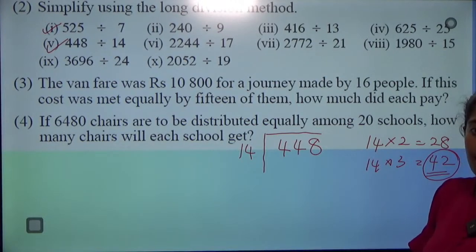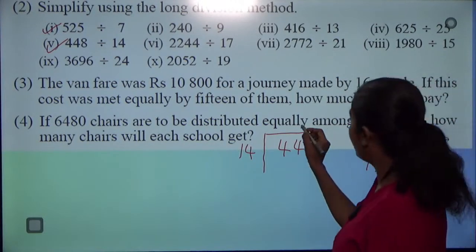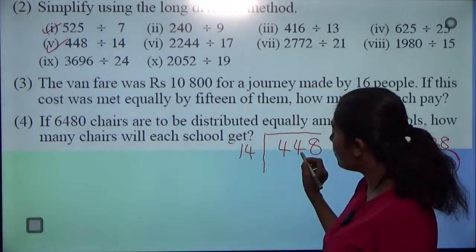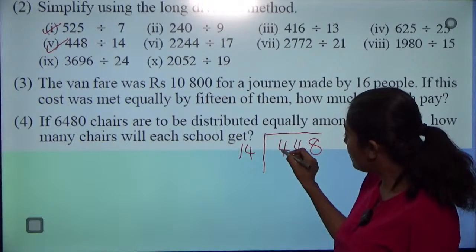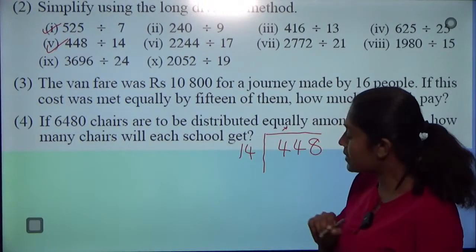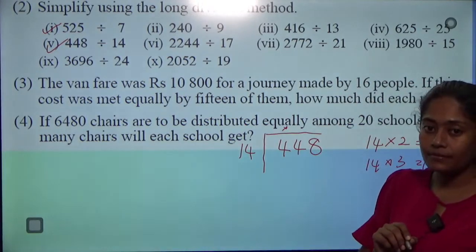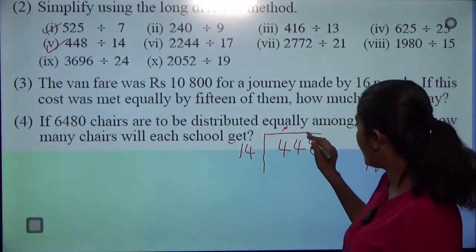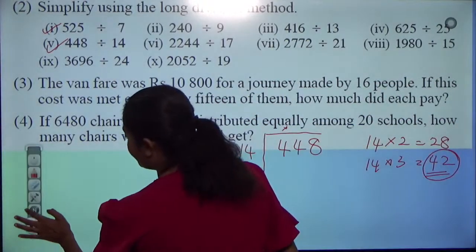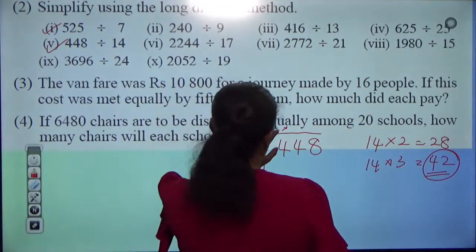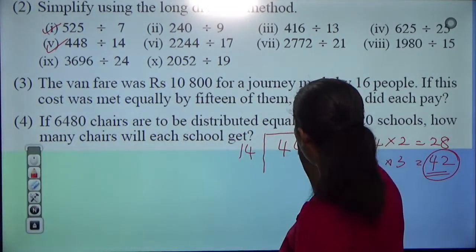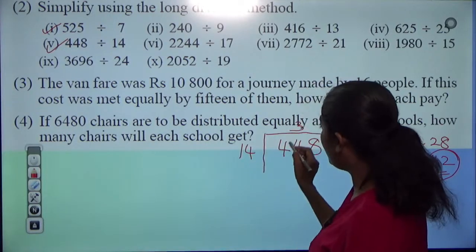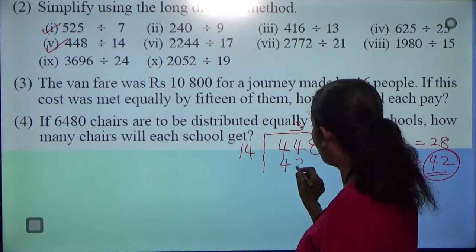Is that okay? Yes. Then where do we write the value? Not there, we have to write here. Then 3. 14 into 3, 42.